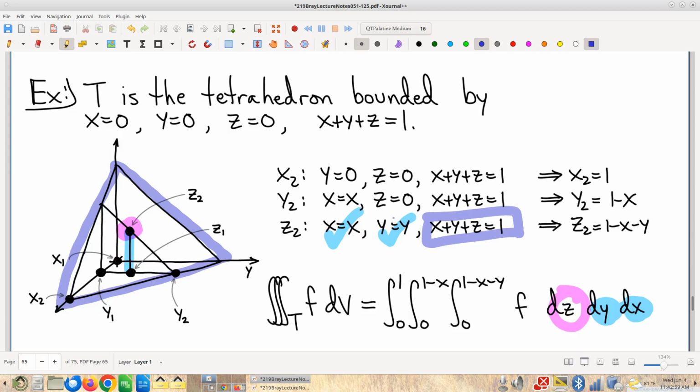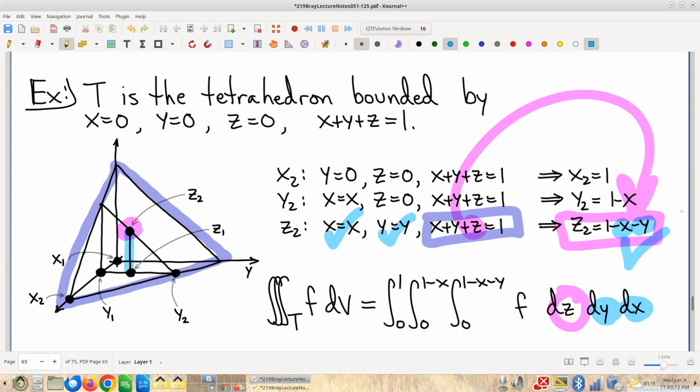Picture's what tells us. And again, we solve for z, the variable in question. And again, it's allowed to depend on x and y, so that's all fine. And that's our upper bound. Everybody happy with the process? All right, good deal.